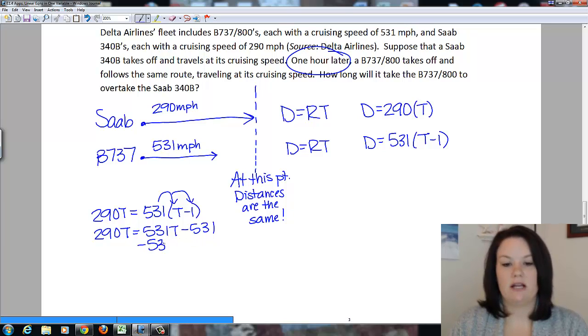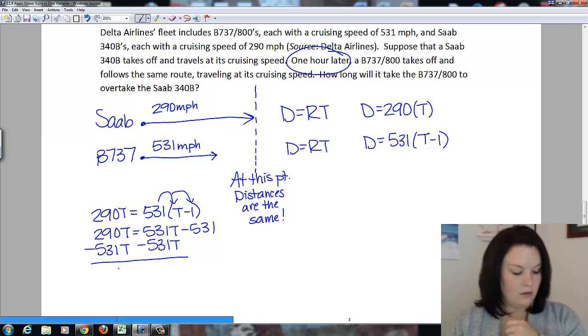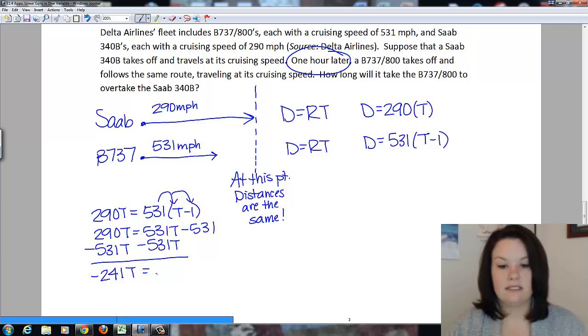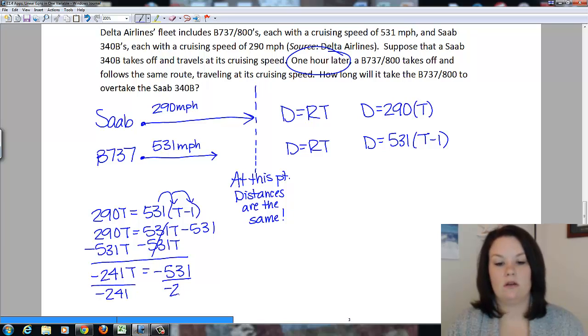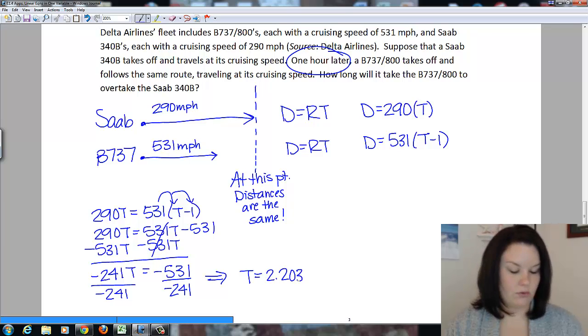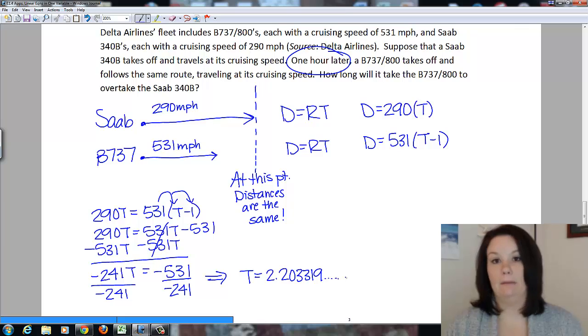So I'm going to subtract 531t from both sides, which leaves me with negative 241t is equal to negative 531. And then the last thing I have to do is divide off that negative 241. Which leaves me with t is equal to 2.20339, and so on.